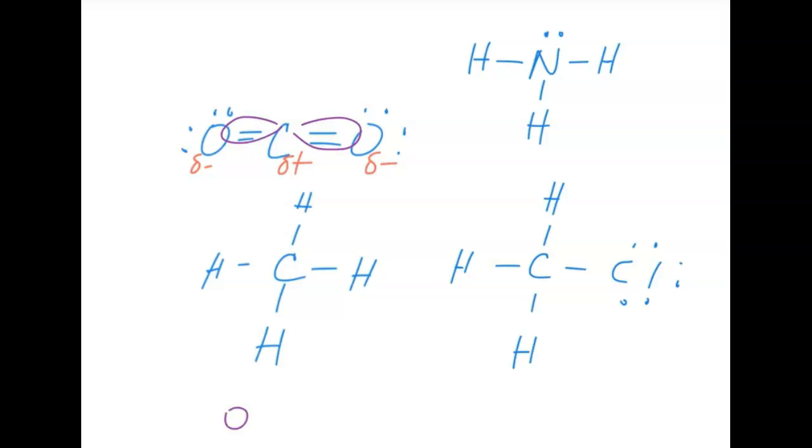But look at the shape of the molecule, it is a linear structure, because the two electron groups around this carbon repel each other and they stay as far from each other as they can, to have less repulsion between them.